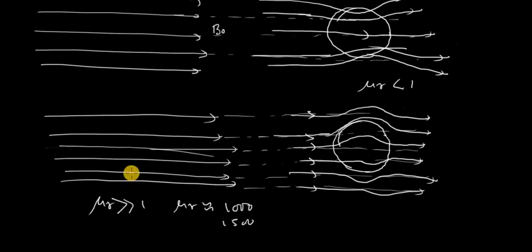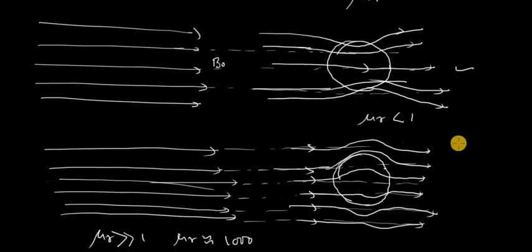We can't draw such a huge number of lines of force in a very small region. That's why we don't draw lines of force inside the ferromagnetic material. We only show how things happen for paramagnetic and diamagnetic material. Try to understand this.